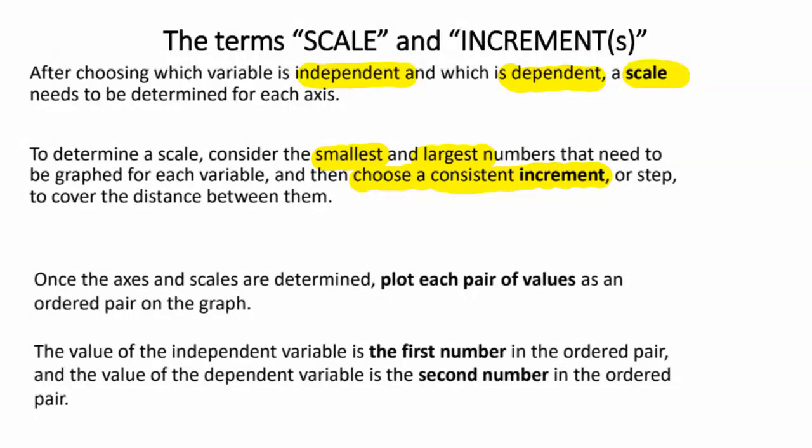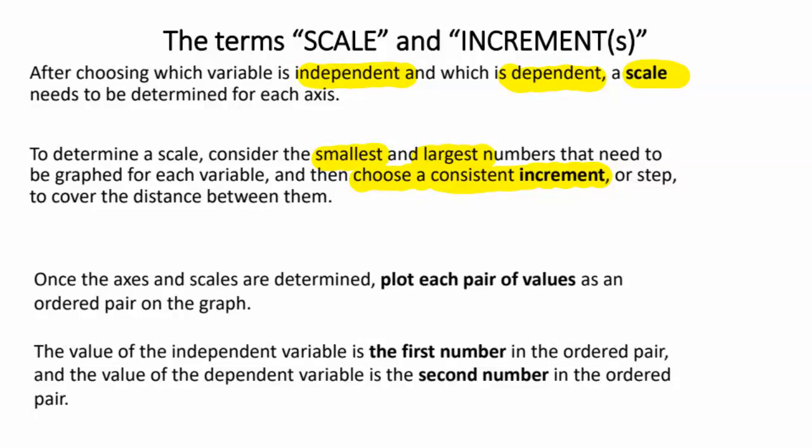That means if it goes down to 5 and up to 25, we will go from 0 to 30, and then we break it up. Now, from 0 to 30, I could make it by 5s. I could make it by 10s. Now, I wouldn't want to make it by 8s because 0 to 8 to 16 to 24, well, it would go to 32.